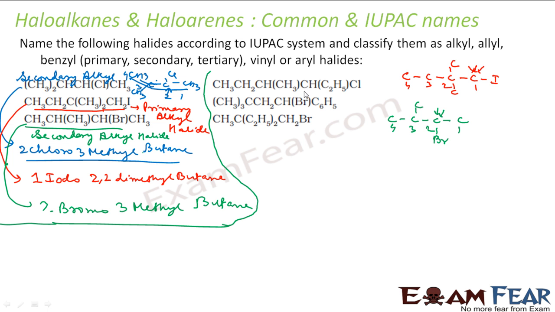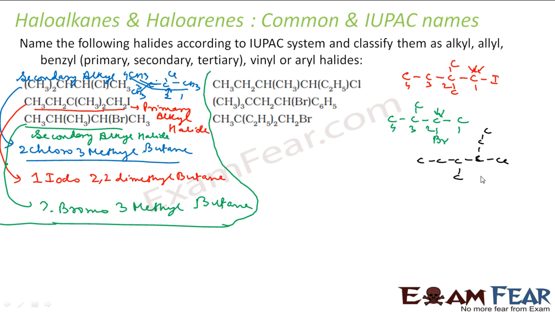Similarly, we have to do for these now. So let's take this guy now. Let's draw the structure of this compound. So it is 1, 2, 1 carbon, one more carbon here, one more carbon here. And on this carbon I have a carbon attached, and then one carbon here, and on this carbon I have a C2H5 attached, so I have 2 carbons here, and then I have a Cl here. So this is the structure of this compound.